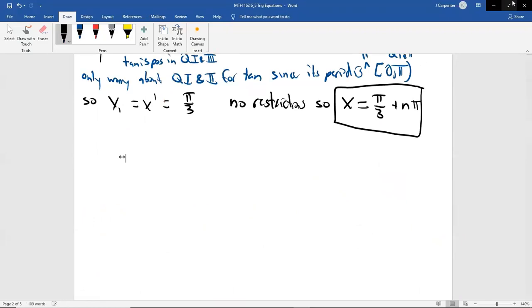So when the inside is 2x or 3x, etc., a substitution is a great idea. In other words, you're going to say, let theta equal whatever the inside was. If it was 2x, let theta be 2x. If it was 3x, let theta be 3x.